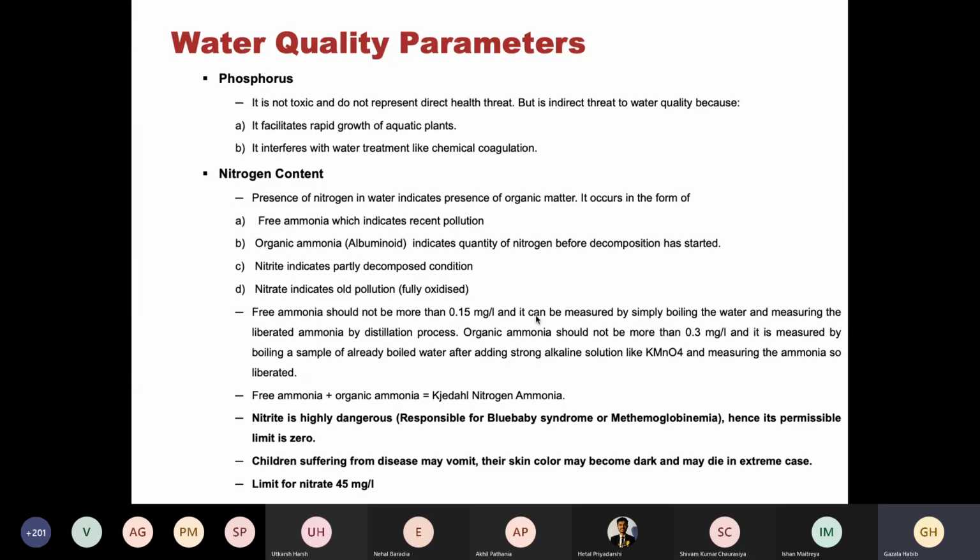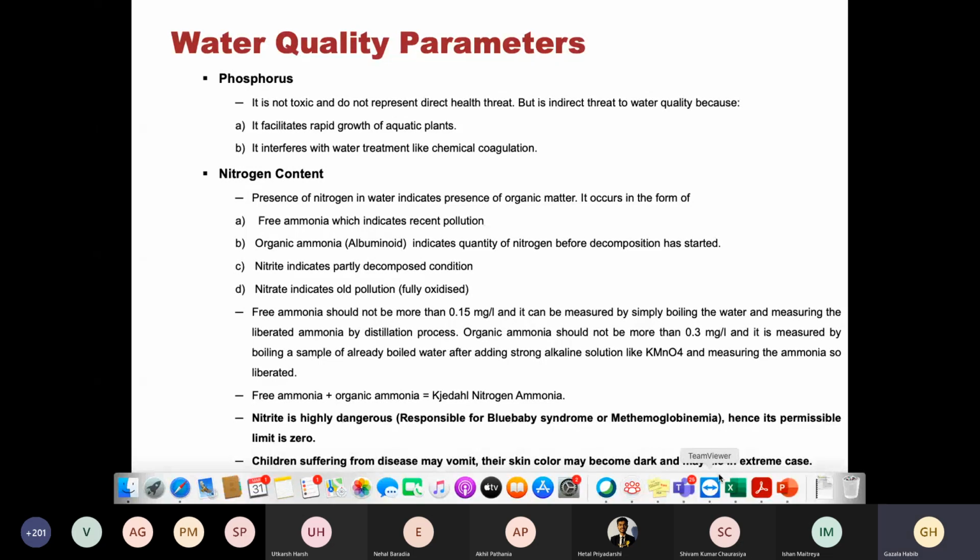It should not be present in the water. Children suffering from this disease may turn their skin color dark blue, and may die in extreme cases. So actually, the problem is nitrite can react with hemoglobin.